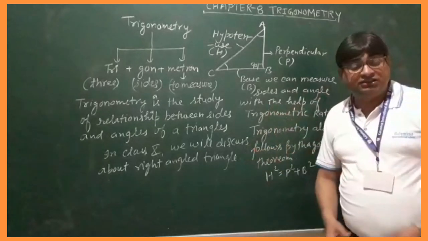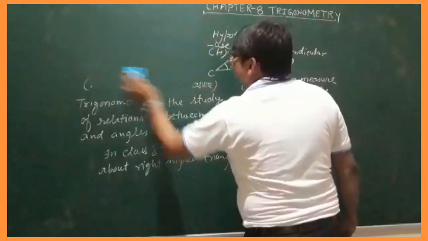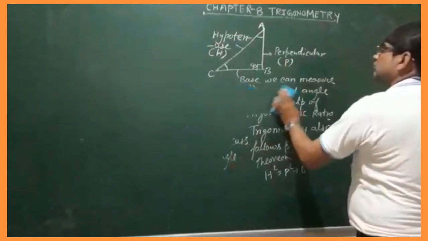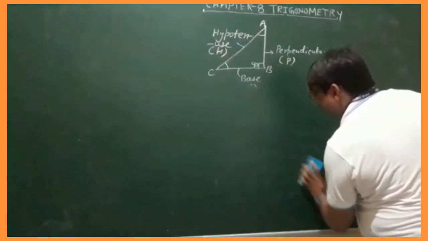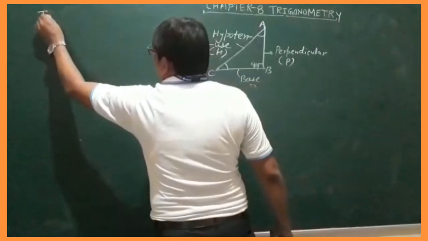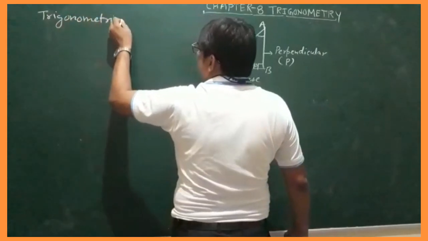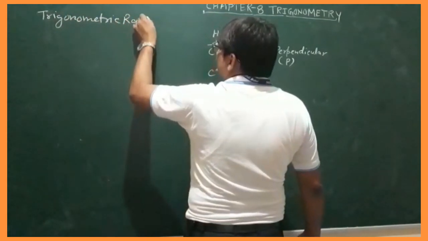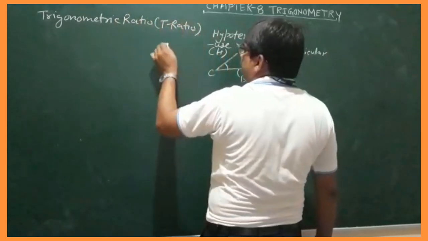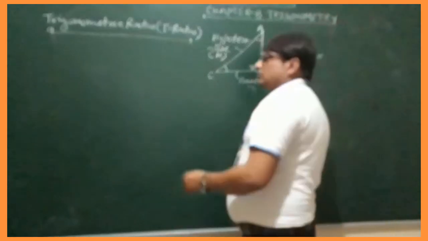Next thing is, student, what is the T ratio? Trigonometric ratio. The short form of trigonometric ratio is T ratio. What is this?